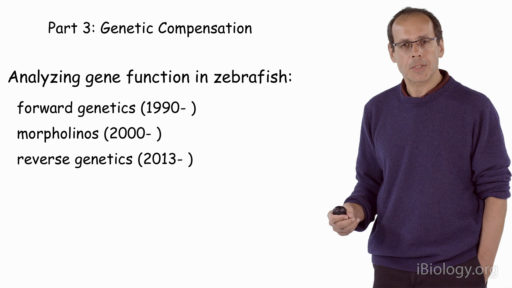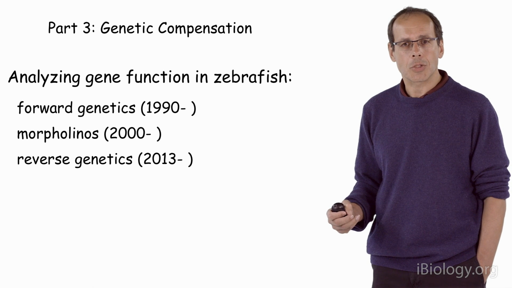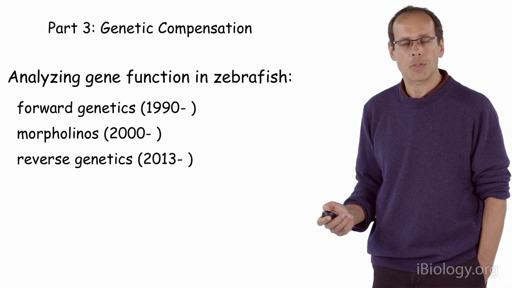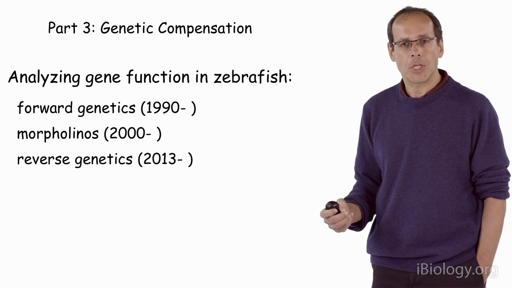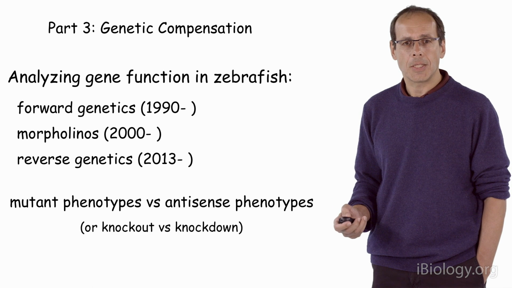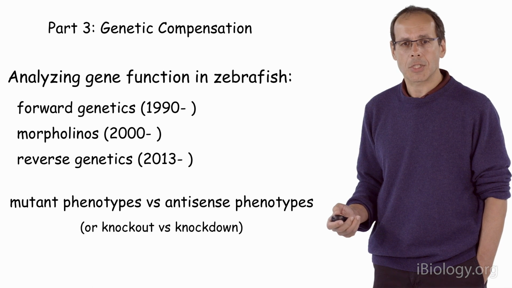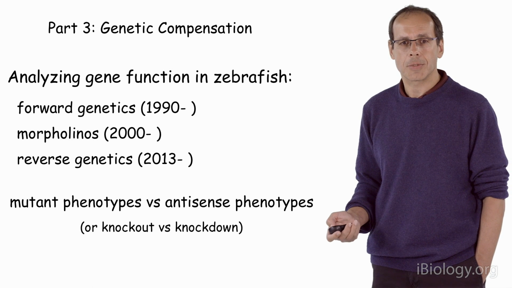The phenotypes resulting from these mutations were often milder than the phenotypes that had been observed using these antisense reagents. So we're trying to understand what may be the basis for this discrepancy between antisense-induced phenotypes and mutation-induced phenotypes. This will bring us to look at the question of mutant versus antisense phenotypes.